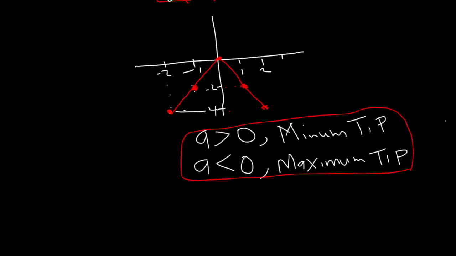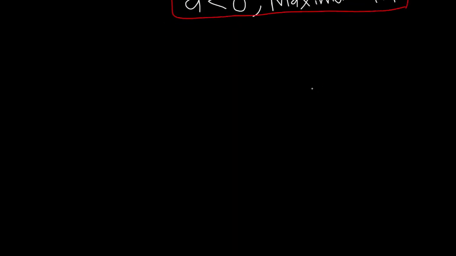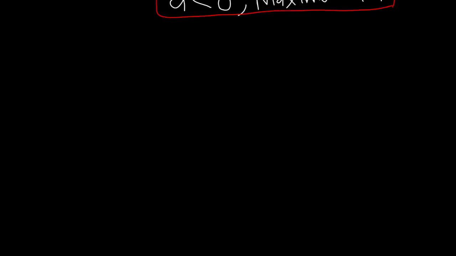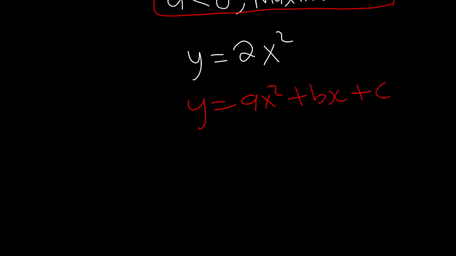Let me write down the same equation and try to explain. If we have something like this, 2x squared, and we know that the general form is ax squared plus bx plus c.